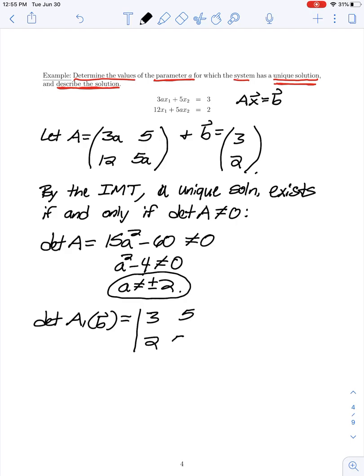Then our second column remains the same, 5 and 5A. So we have 15A minus 10 for that determinant.